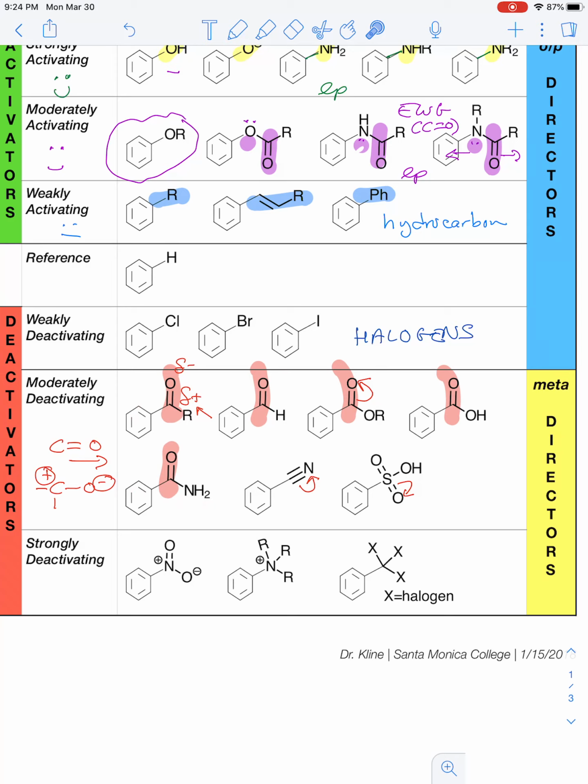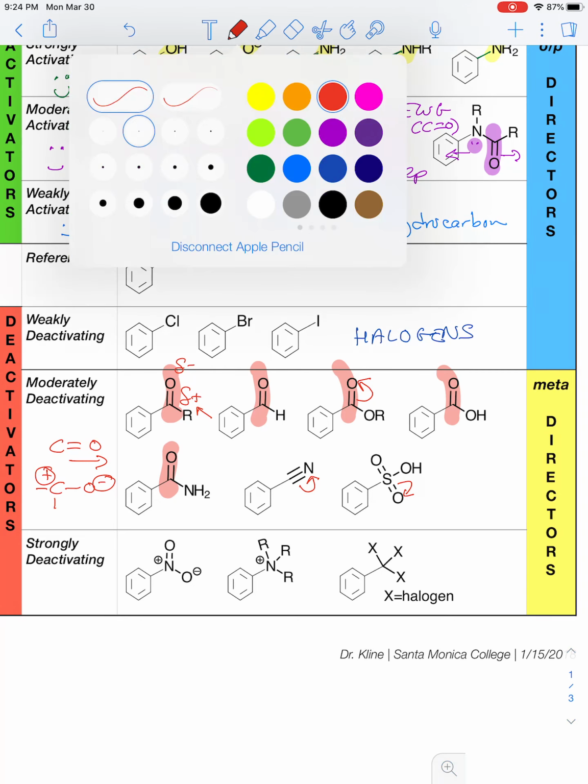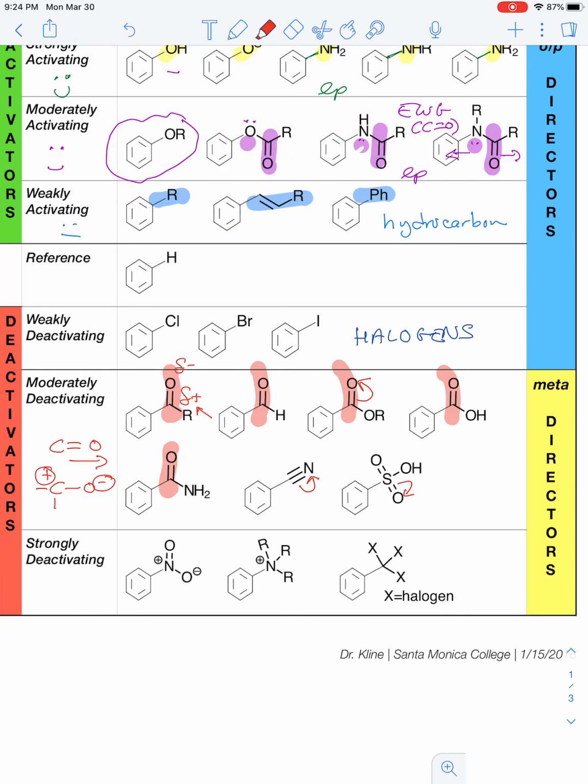And then finally, we have our group of strongly deactivating. I don't know if I have a harsher color than red. Orange, not really. All right. So with these strongly deactivating groups, if you ignore the one on the far right for the moment and you just look at these two, what you see here is that you have a full positive charge on the atom that's directly attached to the ring.